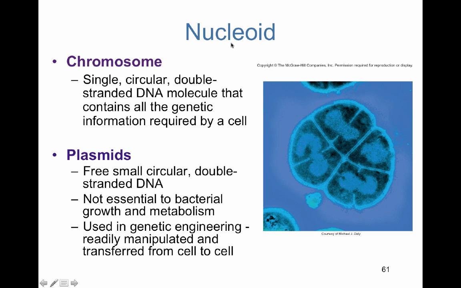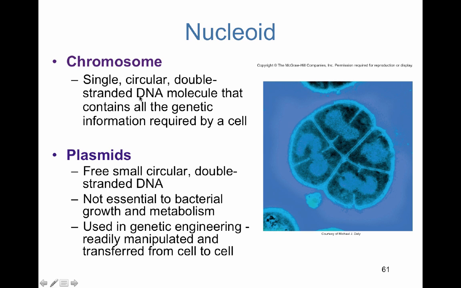Now, as we're swimming around in the cytoplasm, we're going to bump into some prokaryotic cellular structures, such as the nucleoid. The nucleoid is the mass of genetic material, which is DNA. DNA is deoxyribonucleic acid. It is a double helical molecule made up of repeating nucleotides.